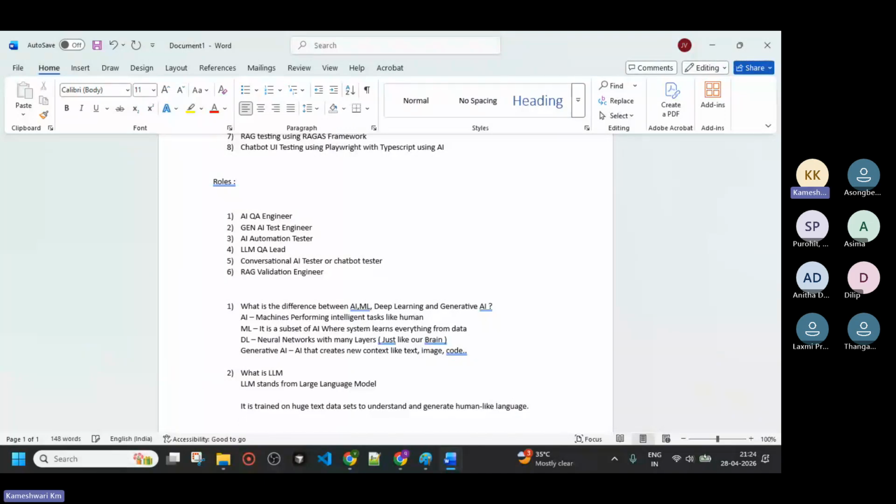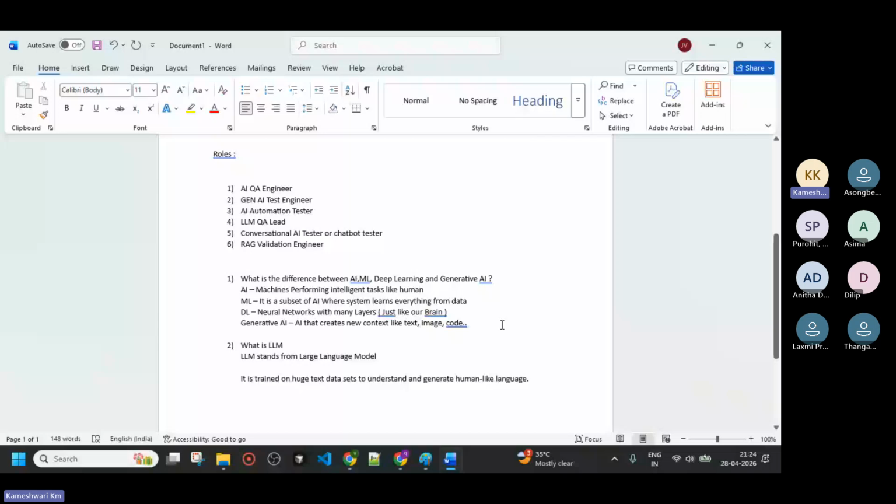What exactly is an LLM? It predicts the next word. From where does it predict the next word? It has learned from text from huge libraries, I can say.